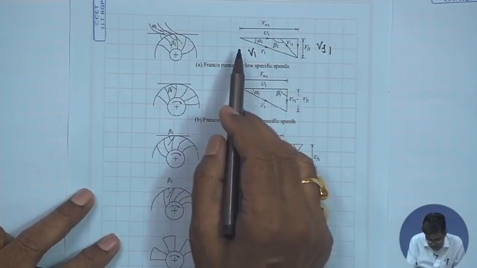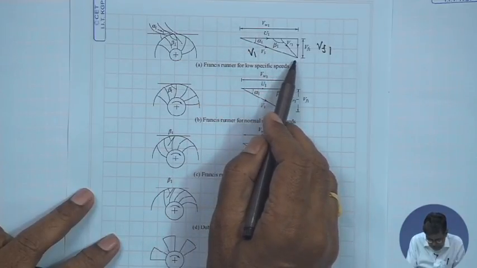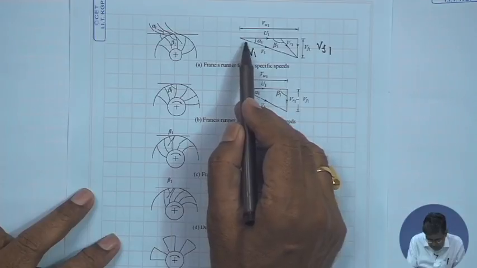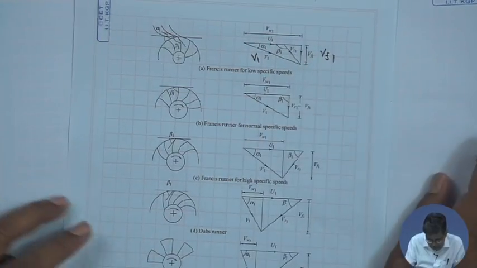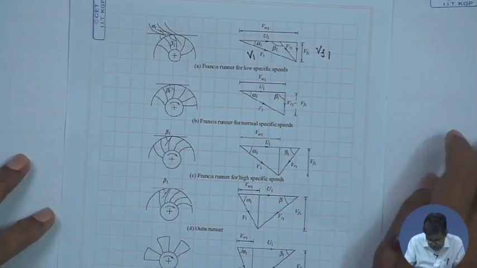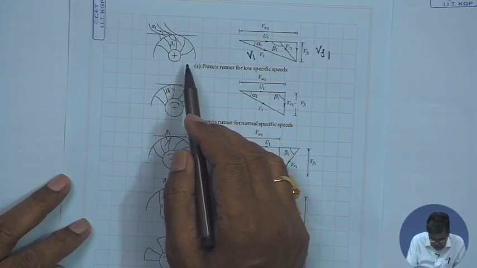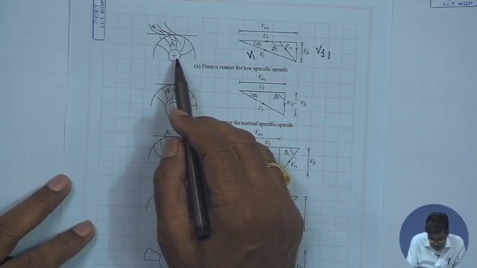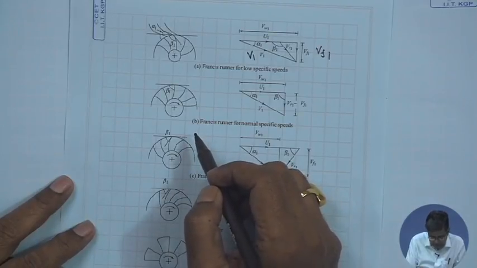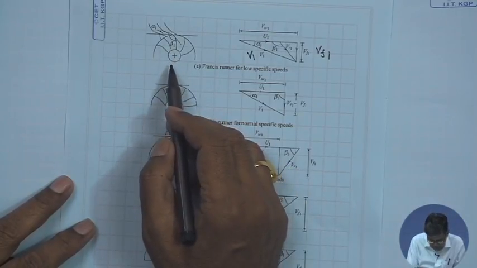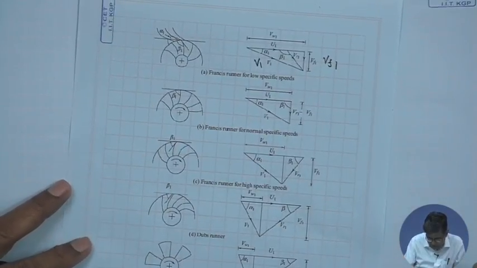That means liquid at the inlet, water at the inlet for example, has an absolute velocity which has a substantial component in the tangential direction and also in the radial direction. In a purely radial flow machine, which works at a relatively higher head as compared to axial flow machines, amongst the reaction turbines, a purely radial flow machine works at a relatively higher head when the specific speed is less.